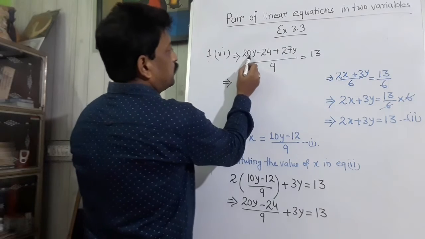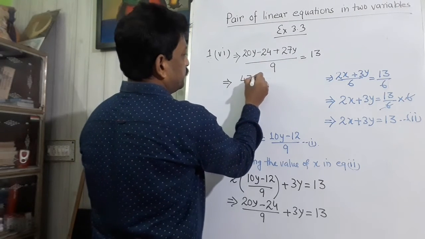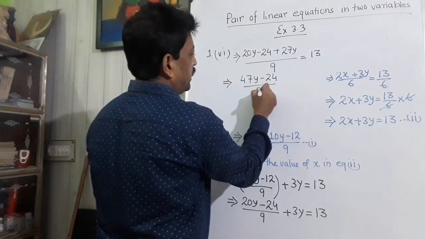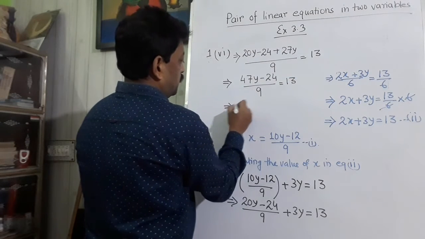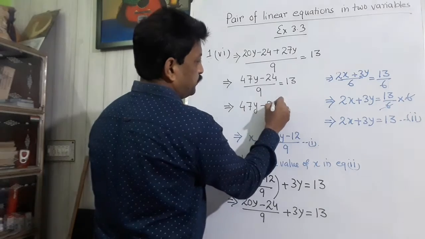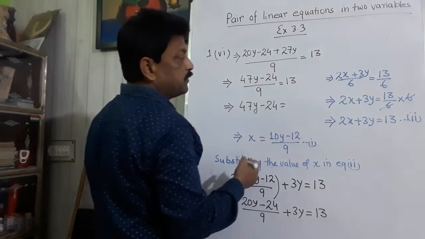Or 20y plus 27y is 47y minus 24 upon 9 equals 13. Or 47y minus 24 equals, this 9 will be multiplied with 13 by cross multiplication.